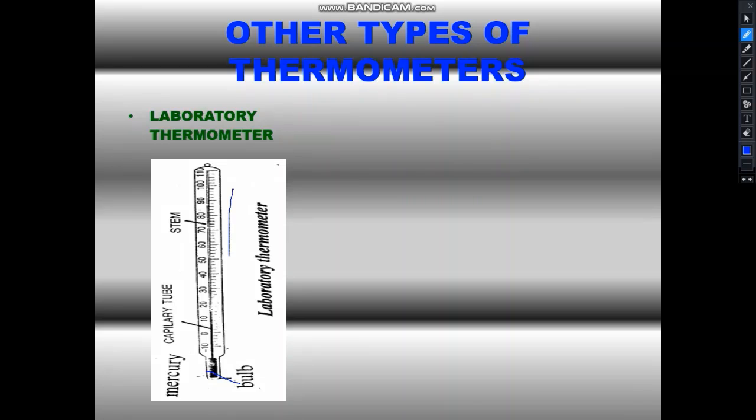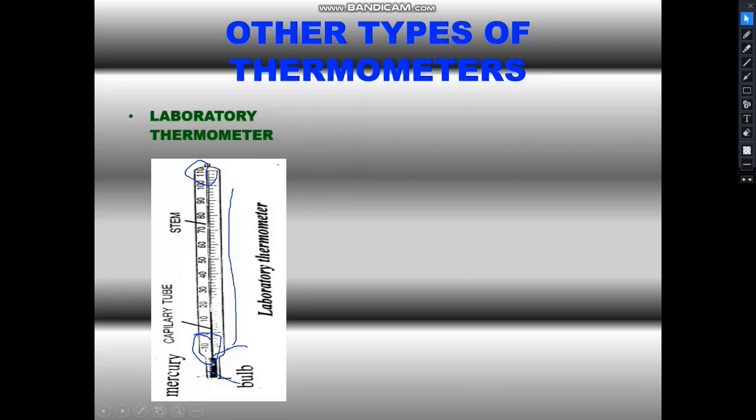The whole structure is made up of a glass tube. Then the marking you can see. The only difference is that the marking range is from minus 10 degrees to 110 degrees Celsius. Moreover, one more difference is that there is no kink available here as it was there in the clinical thermometer.